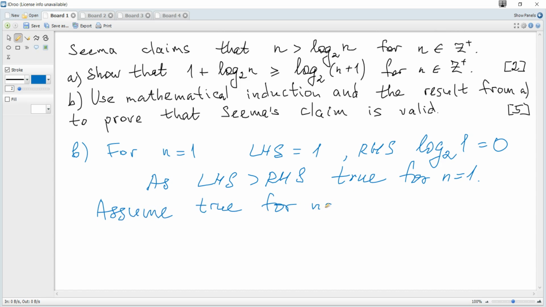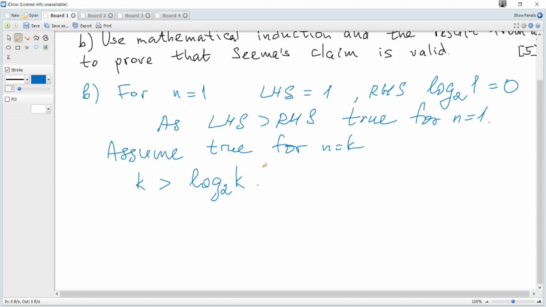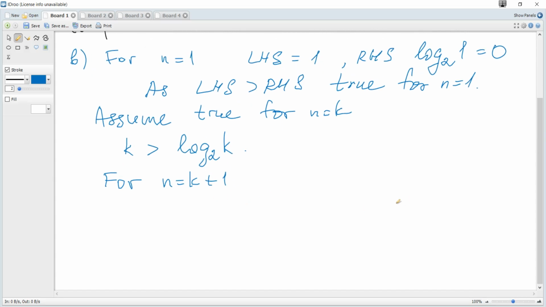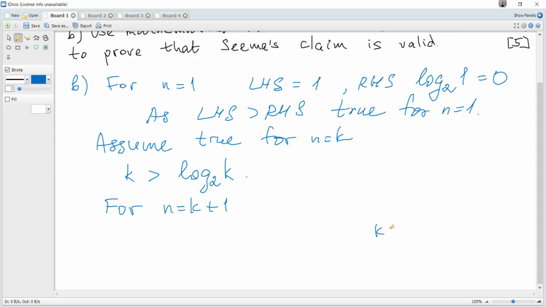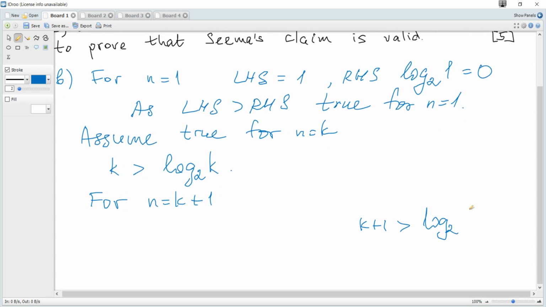Then, as usual, we assume true for n is k, and rewrite our statement substituting k for n, so it becomes k is greater than log to the base 2 of k. Then we show that it's true for n is k plus 1. So we should get that k plus 1 is greater than log to the base 2 of k plus 1.